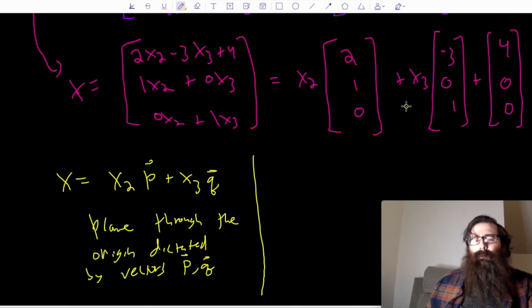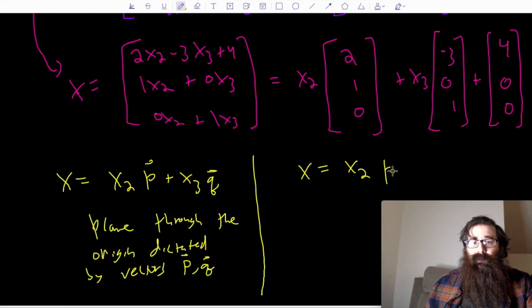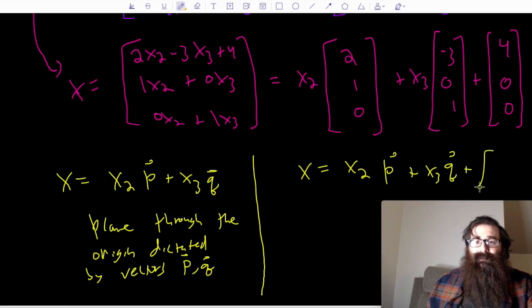However, what's different about this one, because it looks very similar, is that this one is going to be x equals x sub 2 times that same vector that I called p, and then x3 times that same vector that I called q, but then plus this intercept vector 4, 0, 0.